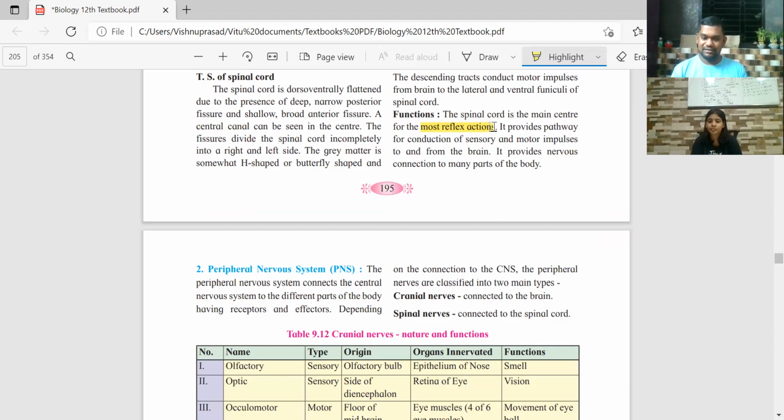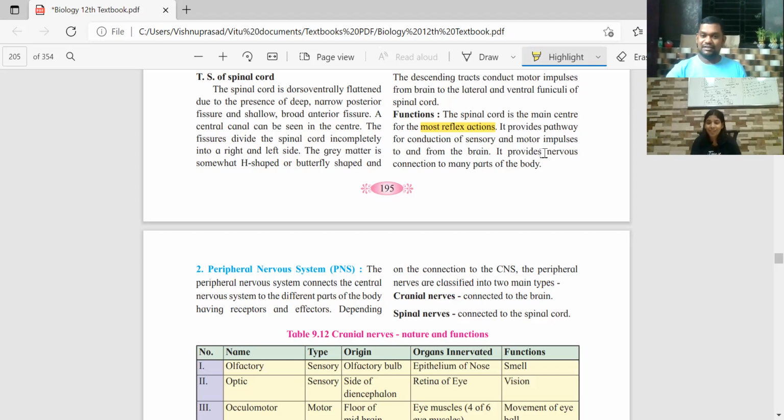Whenever there is a stimulus and a response has to be given very quickly and rapidly, the decision is taken by the spinal cord itself and doesn't go all the way to the brain. In that process, time is saved and the response is given, because in certain incidences the body requires that the response be given very fast, as it helps the organism to survive more.